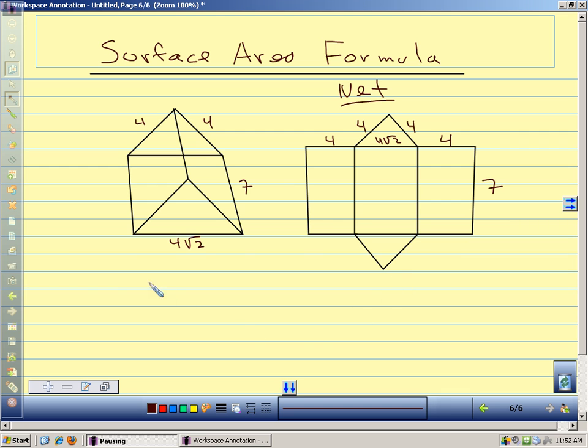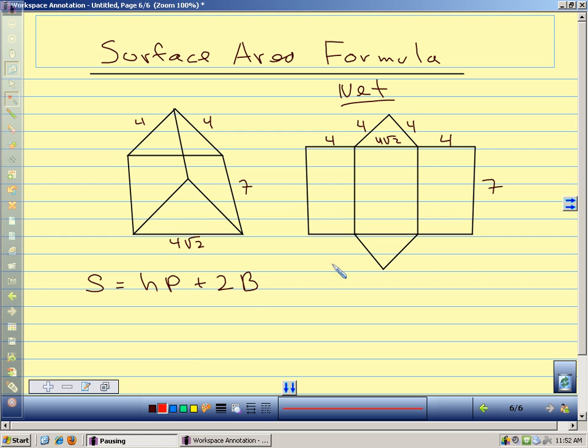Now, our formula for our surface area, we said the surface area is HP plus 2B. To find the surface area of the prism from our net, what we have to do is find the area of all the flat pieces and add them all together.